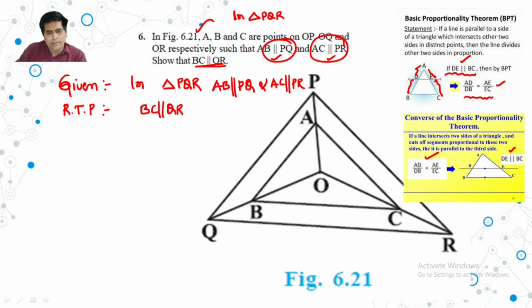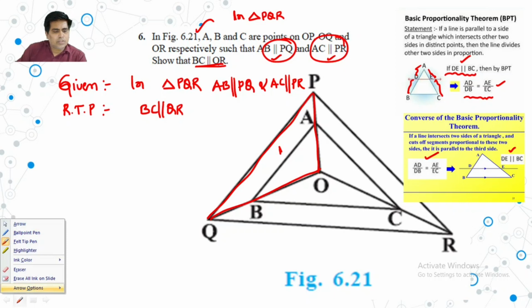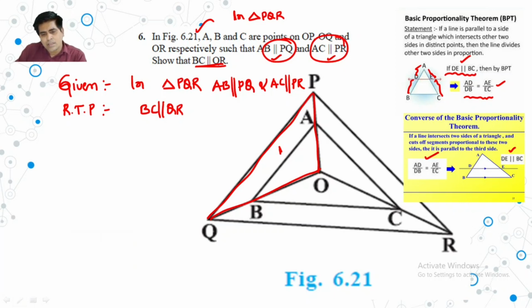I will divide the big triangle into three parts. This is triangle POQ, one triangle. I am naming it as 1. One more triangle is OPR. This is one more triangle.